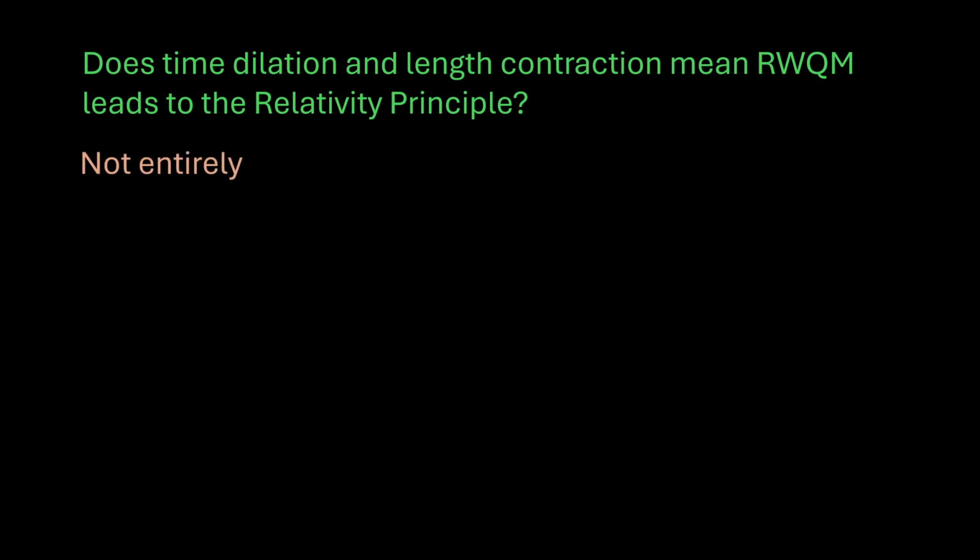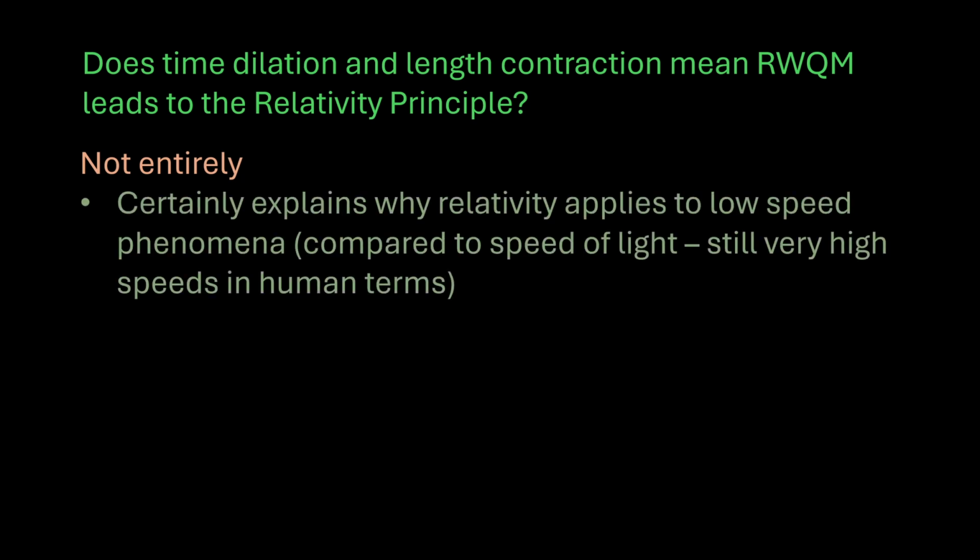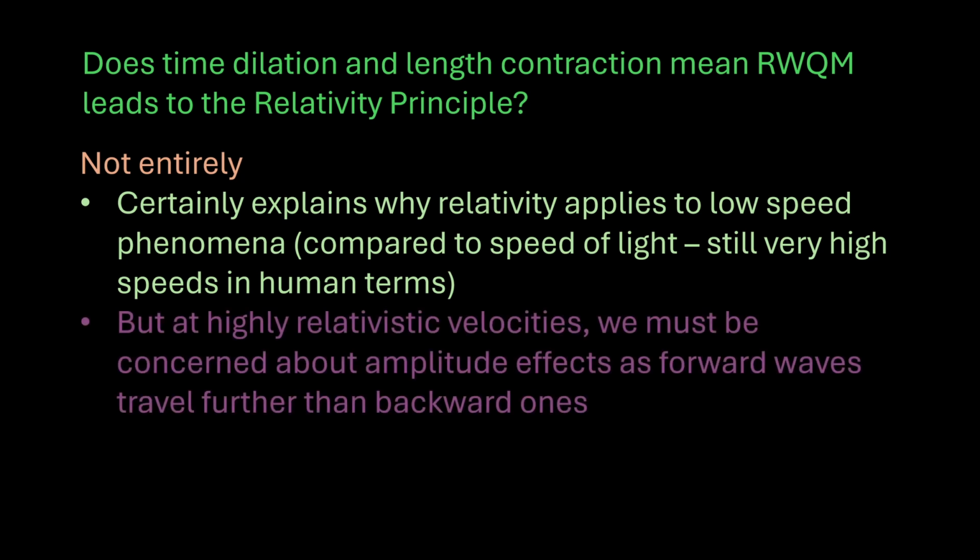Well, not entirely. At reasonably non-relativistic speeds, it would explain relativistic results, such as global positioning satellite clocks slowing, because SR is the asymptotic result for real wave quantum mechanics structure motion at low velocities.